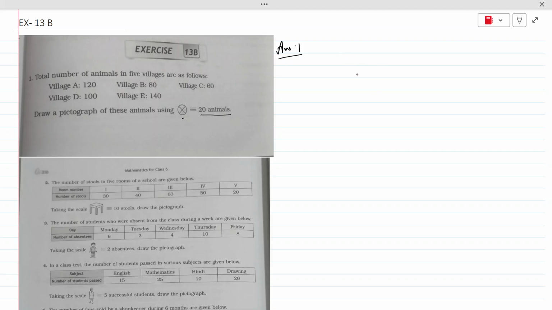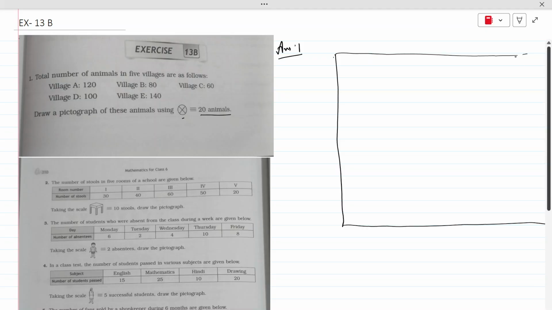How we are going to start this, we are going to start with the table form. So first of all, let us make a table. In this table we will have the first column as villages and the second column will have the number of animals.